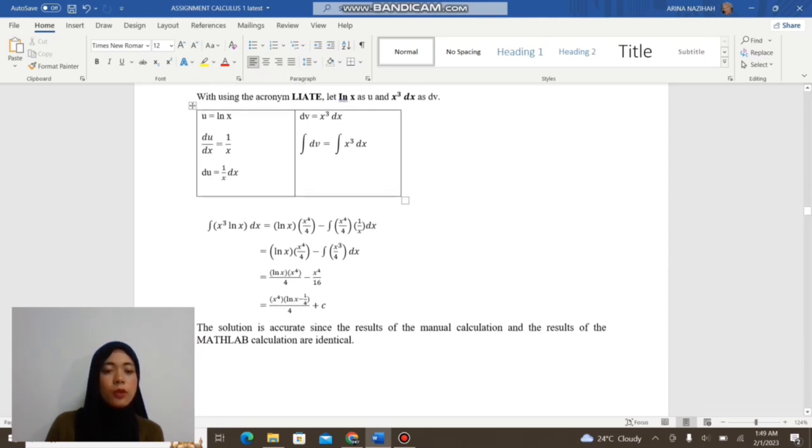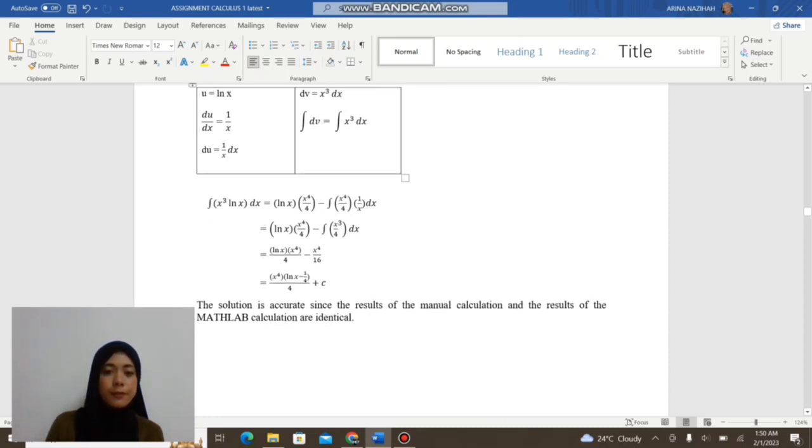So u equals ln x, and differentiating ln x, du over dx equals 1 over x. Then du equals 1 over x dx. So dv equals x to the power of 3 dx, and integrate dv equals integrate x to the power of 3 dx.